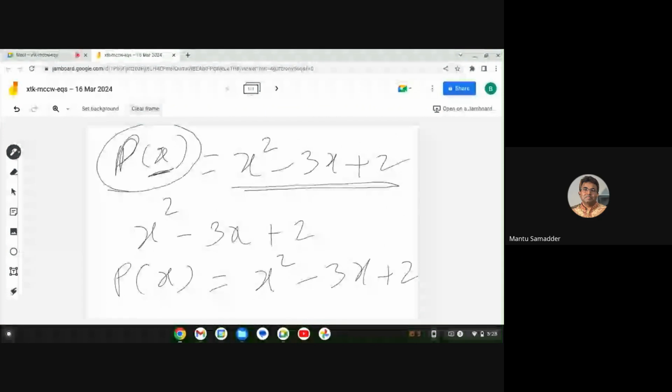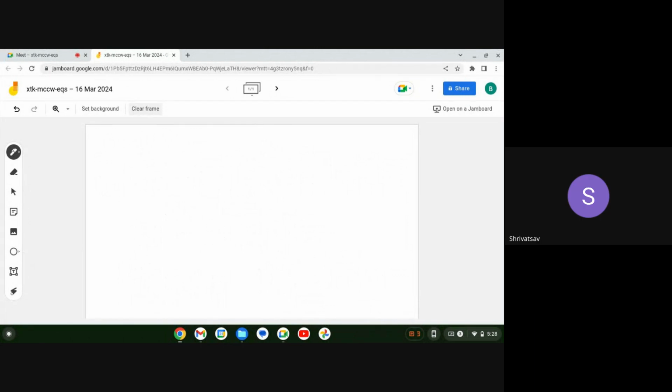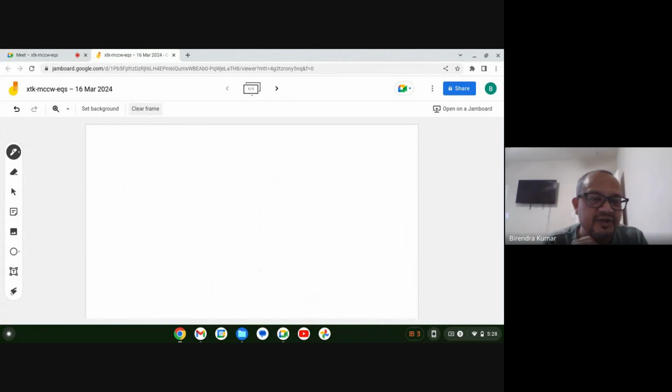When you have an expression, it just gives you a collection of terms which represents that. Now, let's look at one more thing.